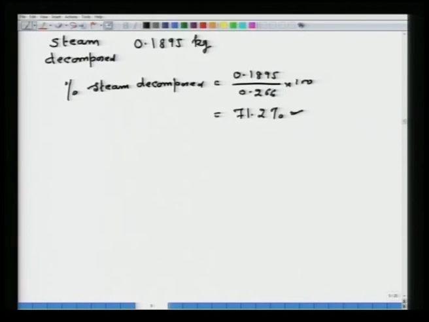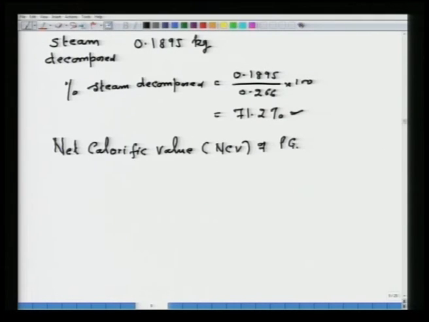Now, having done material balance, we are in a position to do heat balance. For that, we have to calculate the various values. First of all, we have to calculate the net calorific value. In short, I am writing NCV of producer gas. The procedure of calculation I had already given in my previous lecture.